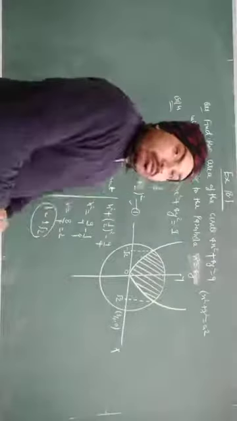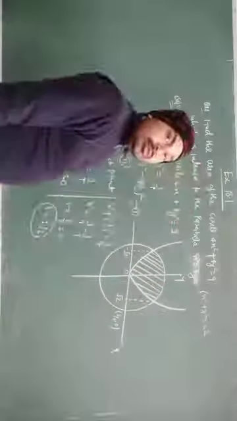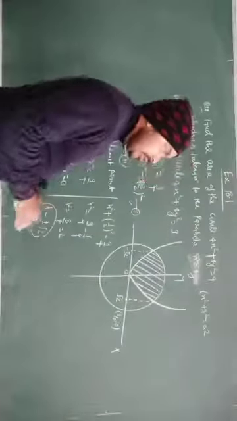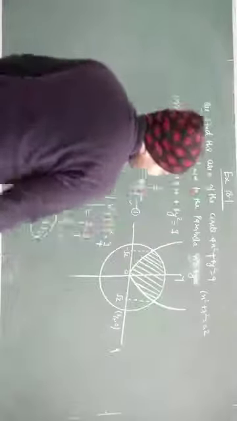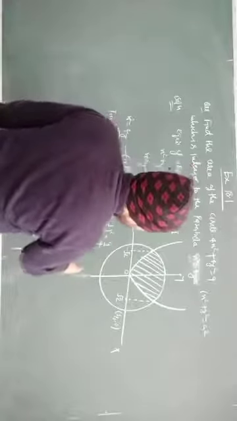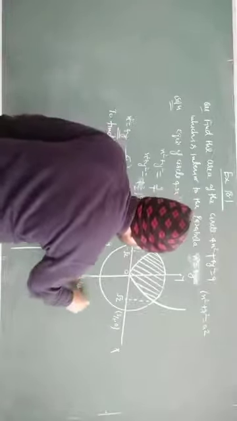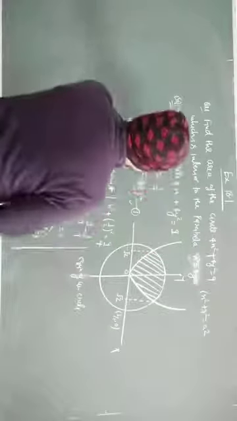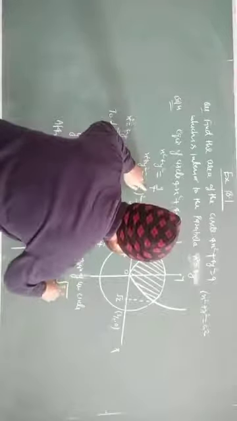Now move forward. The area of this region, according to our process, is upper curve minus lower curve. The upper curve is in the form of a circle, so convert the equation of the circle into the form of y. This will be y equal to under root 9 by 4 minus x square.